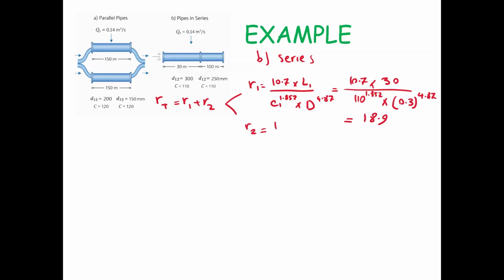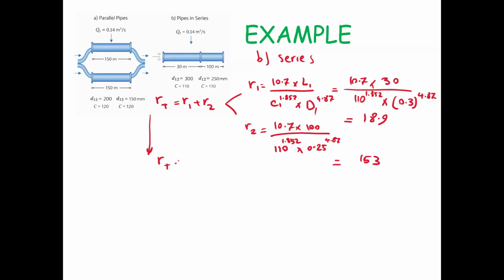R2, same thing, but L2 is 100 meters, C is 110, and D2 is 0.25, which is equal to 153.